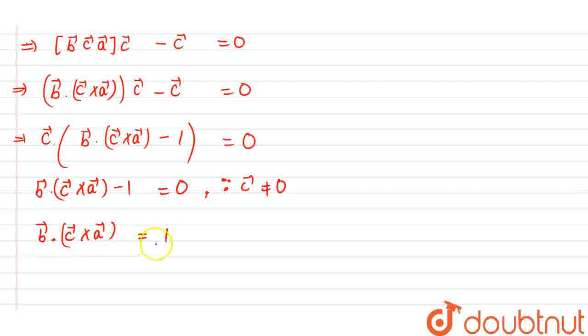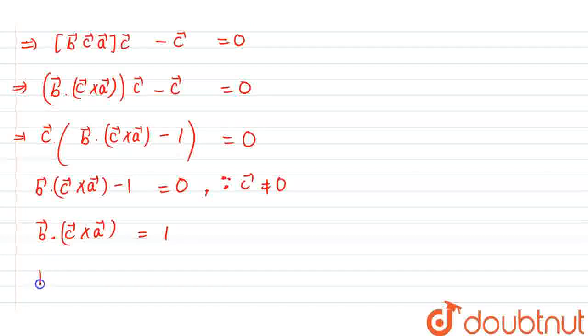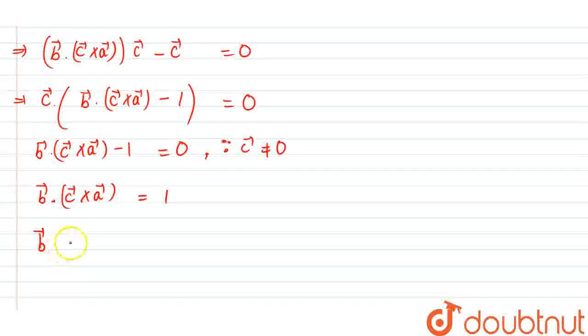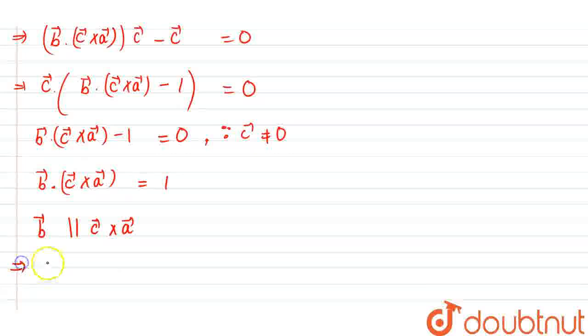So cos 0 will be 1. So for that we can say B vector is parallel to C cross A vector. Now if B vector is parallel to C cross A vector, this means that B vector is some constant times, let's say some lambda 1 times C cross A vector.